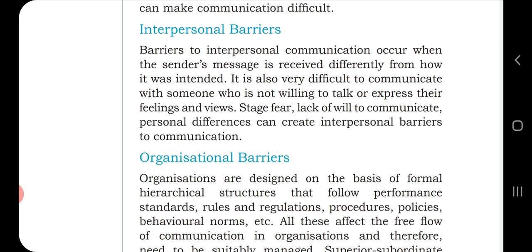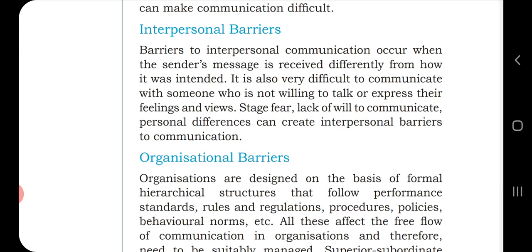Other interpersonal barriers can be stage fear and lack of will to communicate. Personal differences can create interpersonal barriers to communication. So these are some more examples. Stage fear is when we fear to go on a stage for any performance.